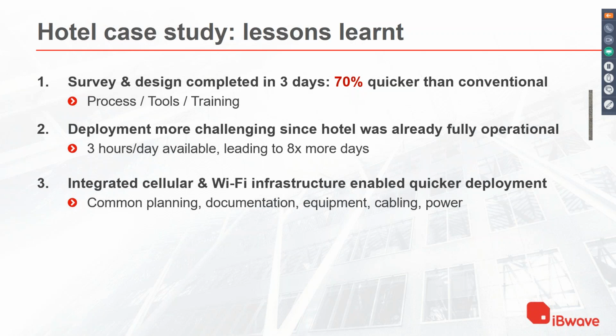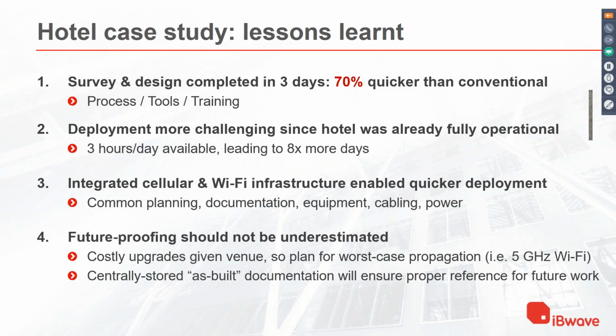The equipment, in this case, was all the same. The cabling and all the power infrastructure, it was all common. So I think that contributed to a much quicker deployment. And here it takes a lot more time to deploy it than to actually survey and design it, just because of the factor that I mentioned before. So by being able to do these technologies together, overall, you get a lot of benefits.